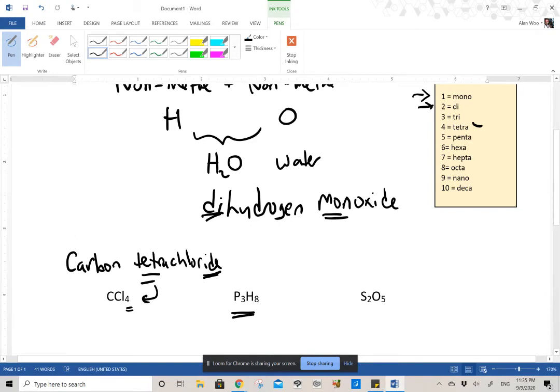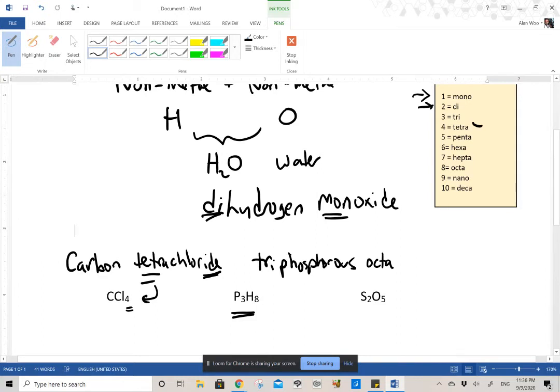If you look at P3H8, the prefix for 3 is tri, and P is phosphorus, so it's triphosphorus. 8 is octa, so it'll be triphosphorus octa.